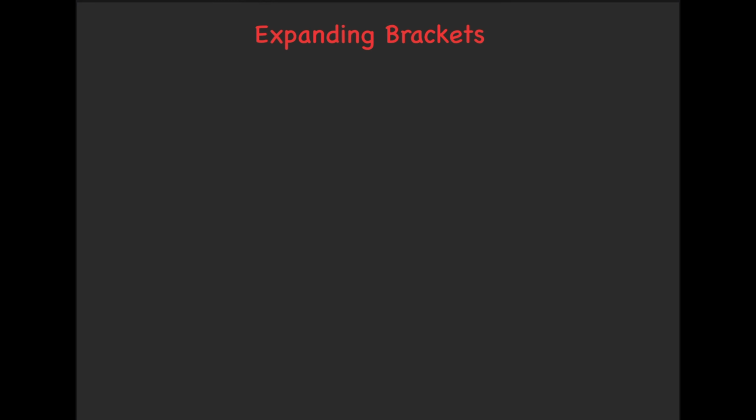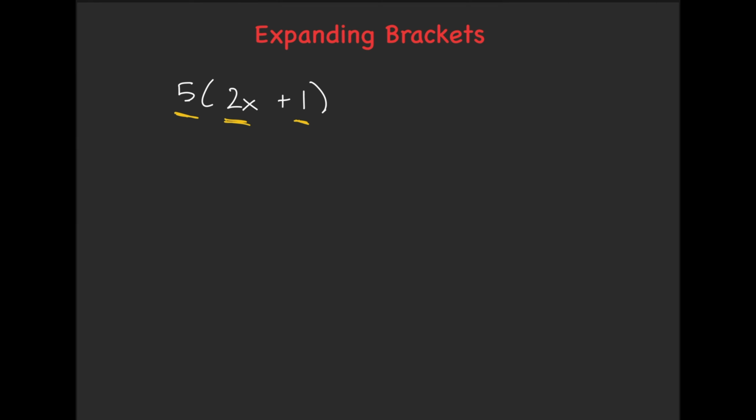Expand 5 times brackets 2x plus 1. And so, similarly to the other time, you want to multiply the term on the outside, this 5, by each of the individual terms inside the brackets.